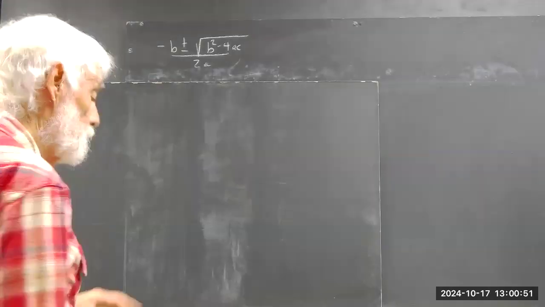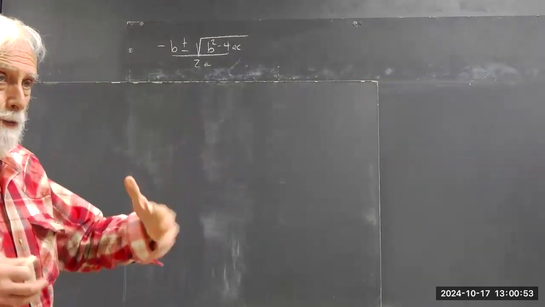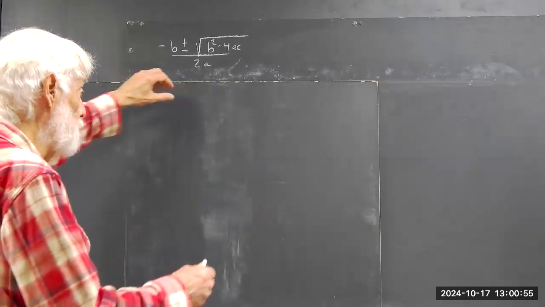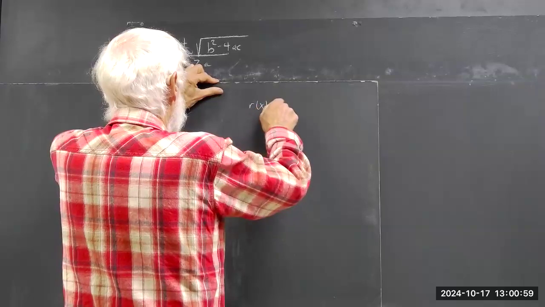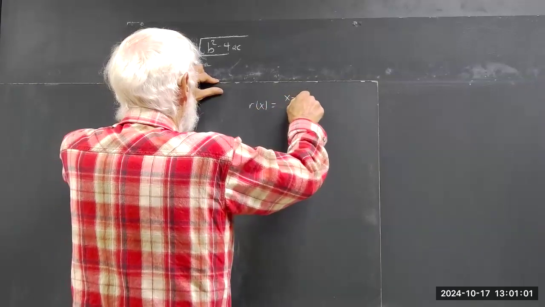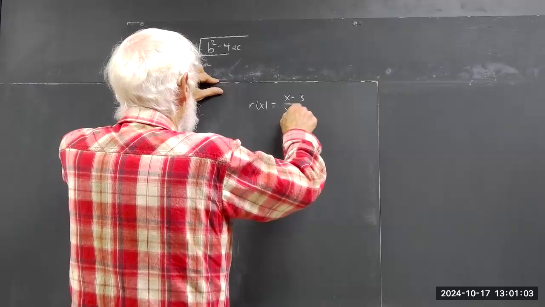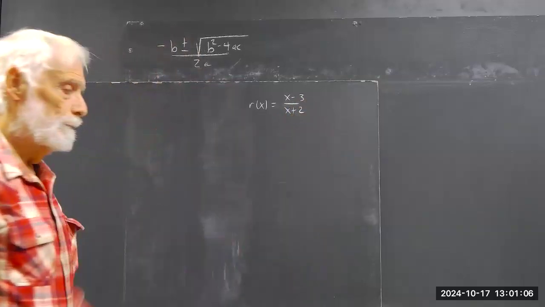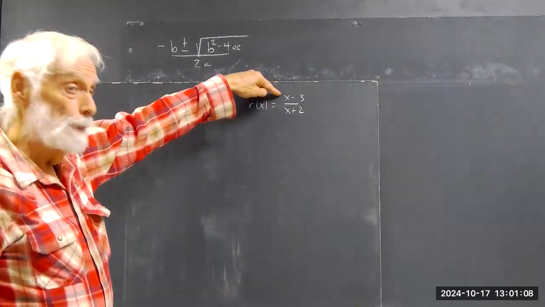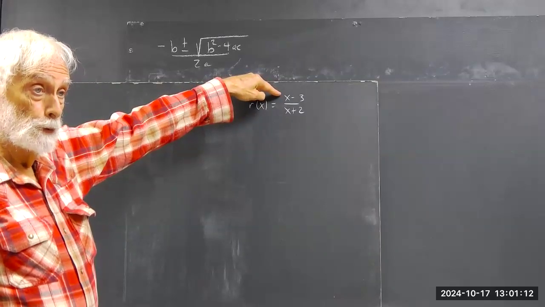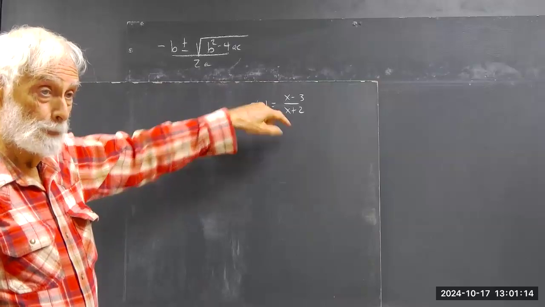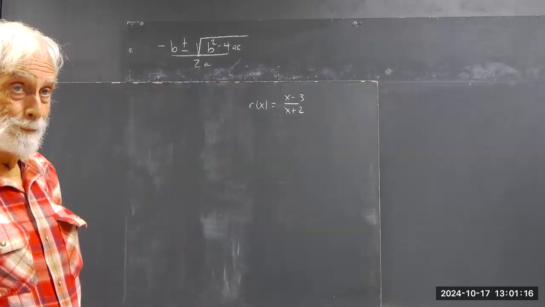Very simple rational function. Okay, we're going to develop rational functions through several examples. The numerator is a polynomial of degree 1, and the denominator is a polynomial of degree 1.